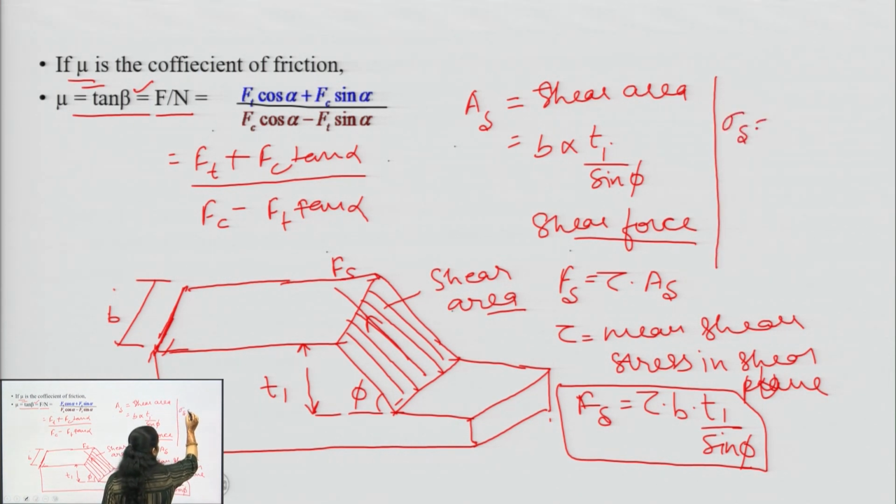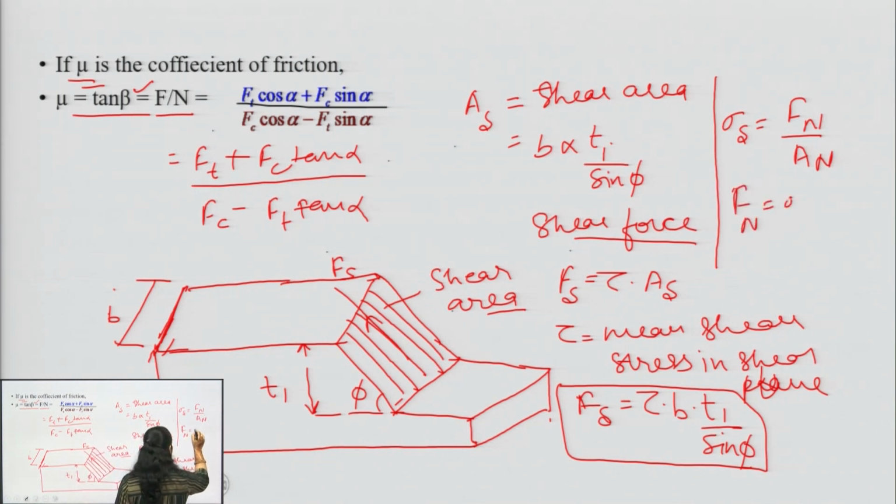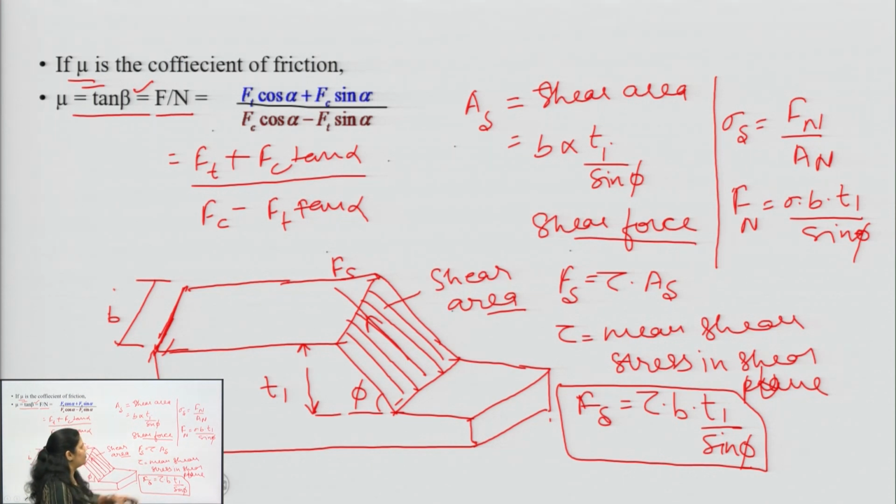Sigma s will become Fn by An. Okay, and this Fn will become sigma into B into T1 by sin phi. Okay, ये आपका नॉर्मल फोर्स हो जाएगा Fn.